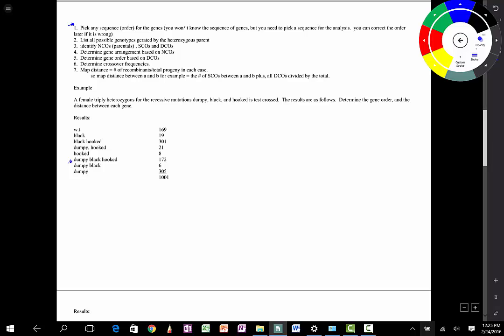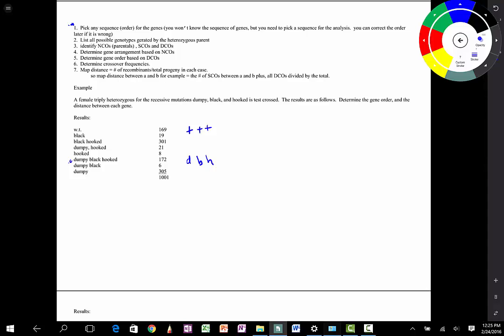Well, first of all, we can list all the possible genotypes. So wild type is plus plus plus. Dumpy, black, hooked. I'm going to write that one out so I can keep the order. Dumpy, black, hooked. These guys are just black, so there's not a whole lot of room here.